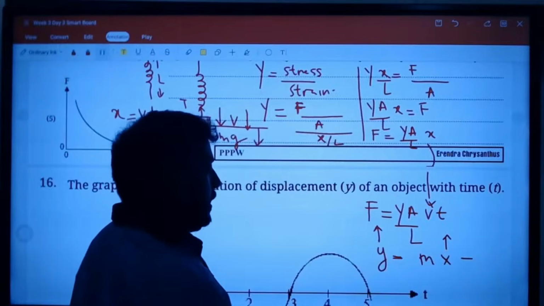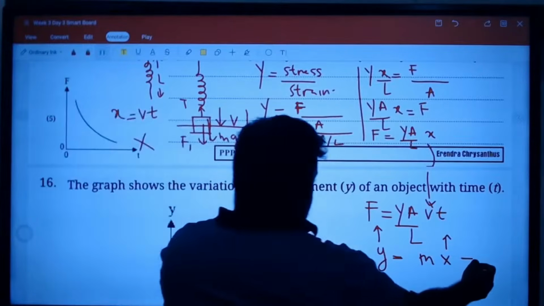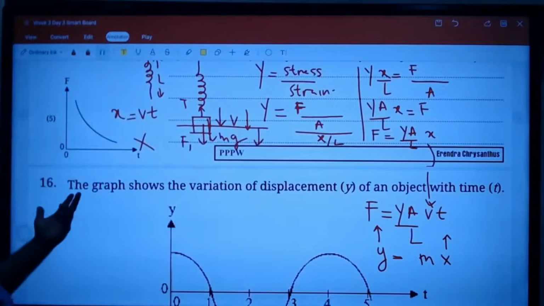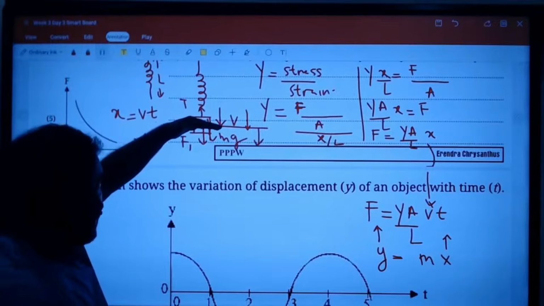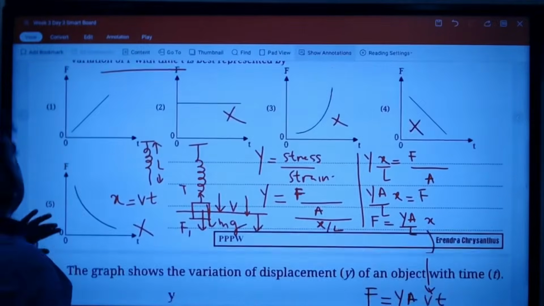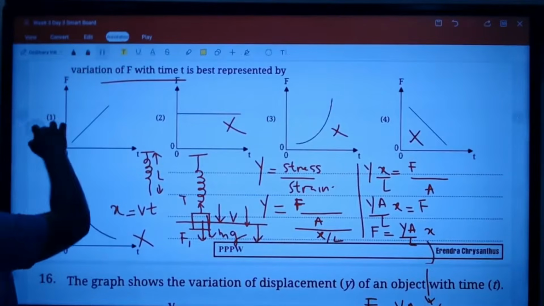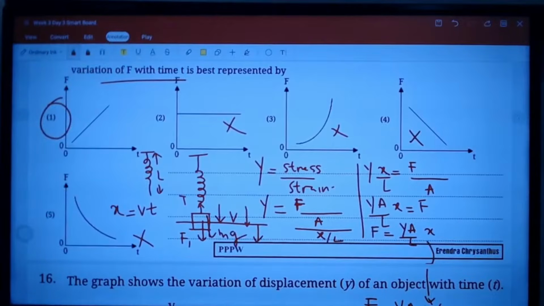Now y equals mx form. So you realize it's not this, because they are saying after the mass is hung, from there only the extension. So we have only one answer here. Correct answer is number 1.